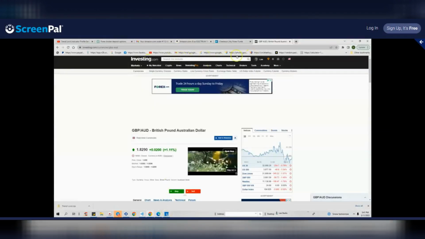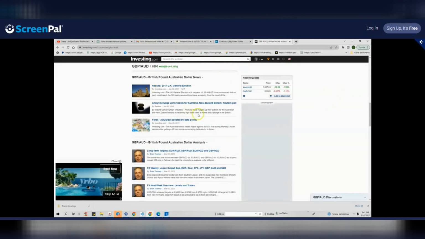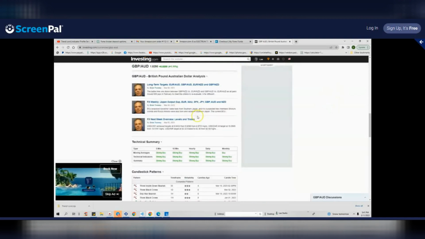This is a free site. You sign in here, type in the pair you're looking for. So I put in GBP AUD. There it is. There's the news that you're going to see on it, the sentiment of the traders, and lo and behold, what do we see? If that's not a great confirmation for a buy, I don't know what is. Everything is a buy there. Buy and buy and buy.